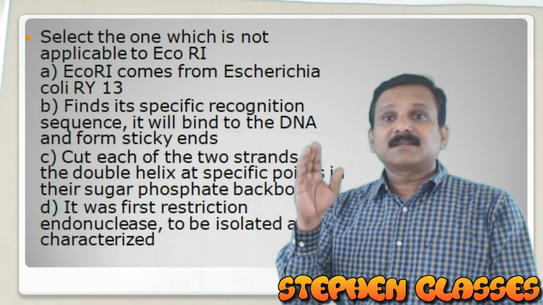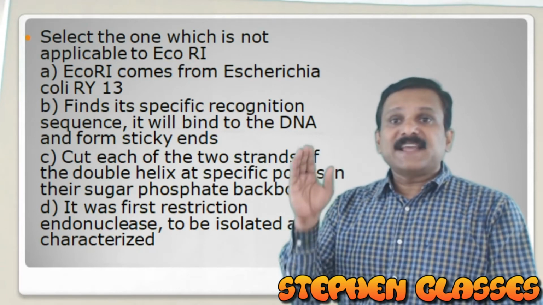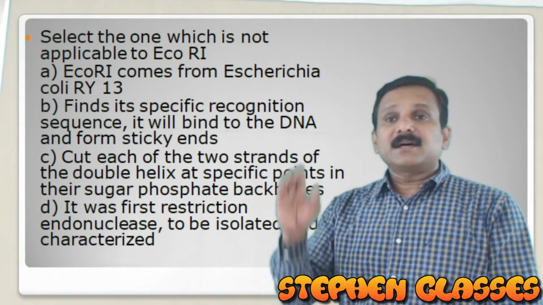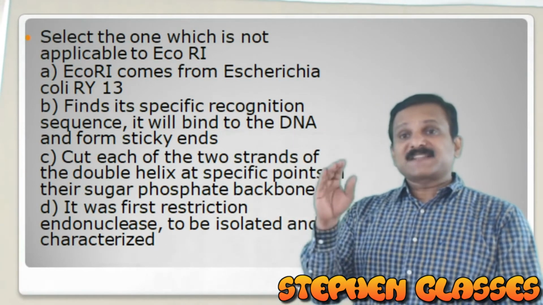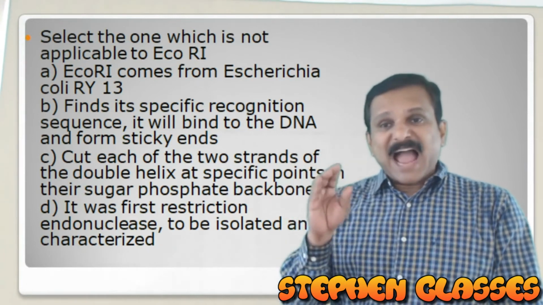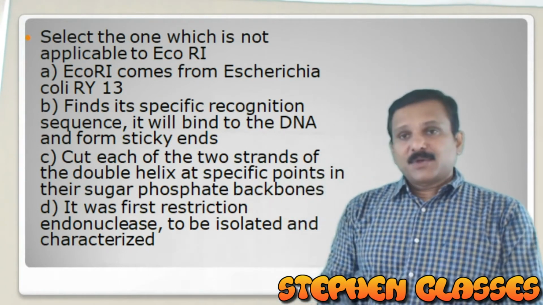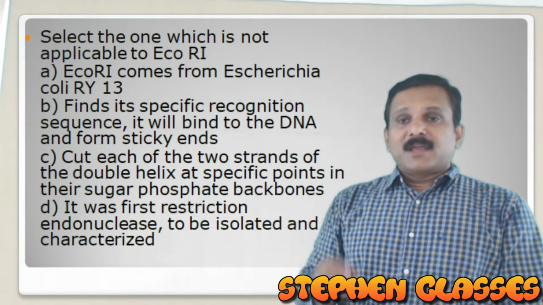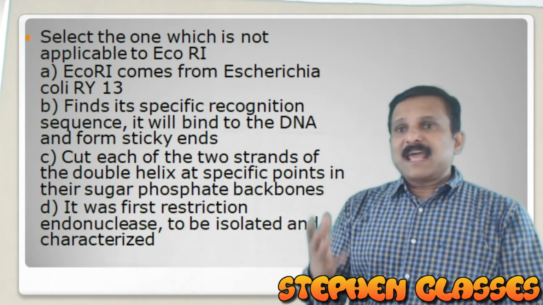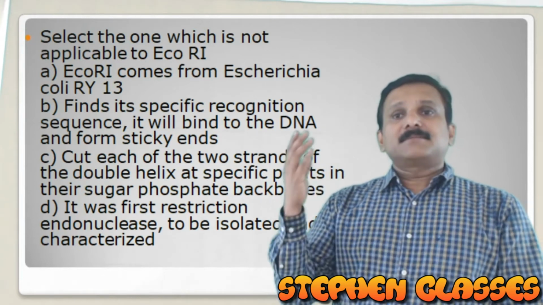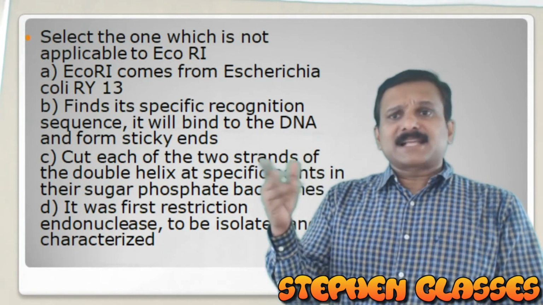They will cut specific sequences in the DNA. And these specific sequences are called palindromic sequences. You know what palindromes are? In our English language, words like Malayalam, madam, level, like that, a lot of words are there.